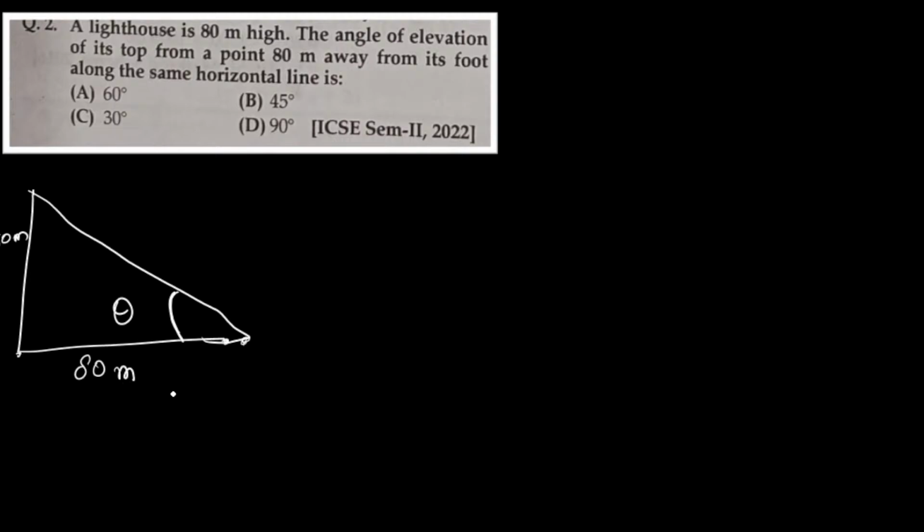Without solving, what will be the value of theta? Can anyone tell? In this right triangle, when perpendicular and base are equal, what's the value of angle? Yes, it's 45 degrees.